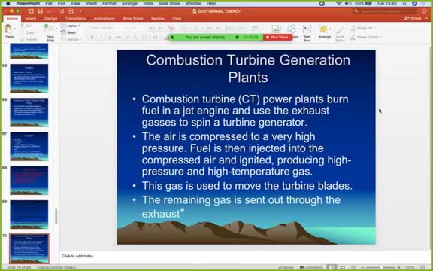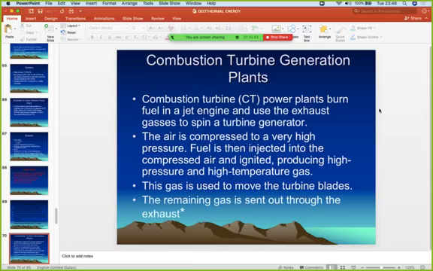There's a turbine there, so turbine or compressor. The combustion turbine power plants burn fuel in a jet engine. That's why we have the high octane fuel. Use the exhaust gases to spin a turbine generator.